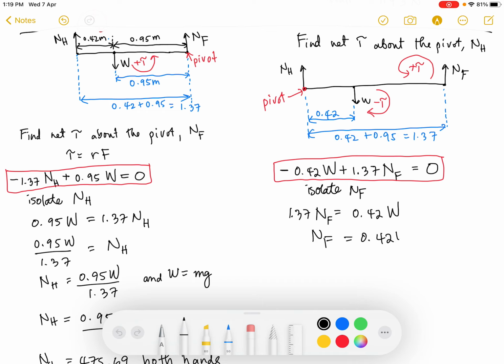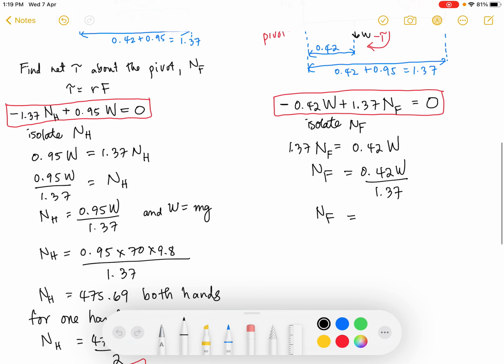Again, W is equal to mass times gravitational acceleration. Mass is 70 kilograms times gravitational acceleration of 9.8, and everything's divided by 1.37. Plugging that into your calculator, you get a net force of 210 newtons.